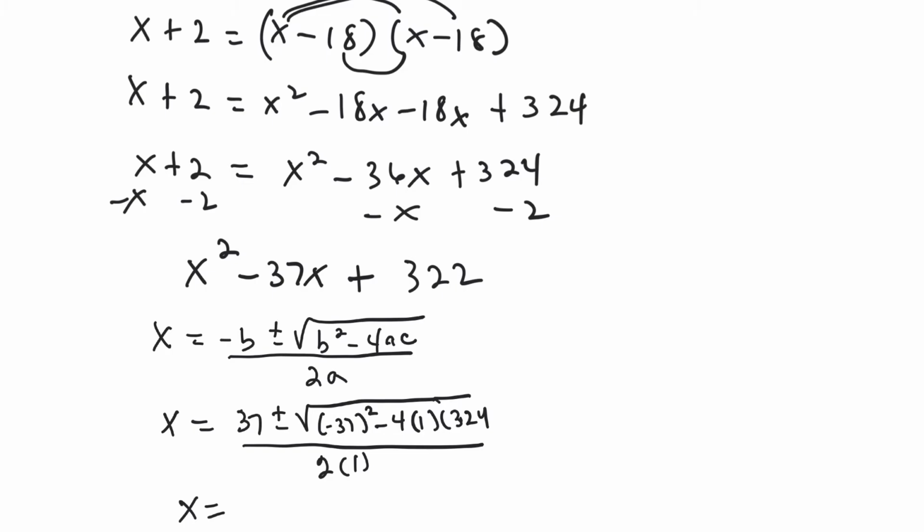So you have 37 squared minus 4 times 1 times 324, which is 73. So it's 37 plus or minus square root of 73 over 2. So it's 37 over 2 plus or minus square root of 73 over 2.